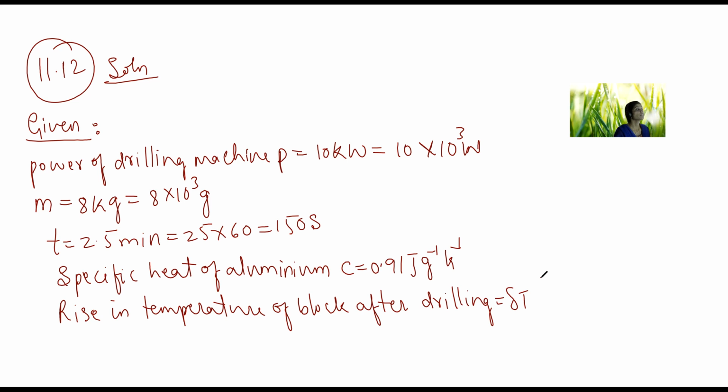Mass they have given 8 kg, which we wrote in grams. Time used by the machine is 2.5 minutes; 1 minute is 60 seconds, multiplied by 60 gives 150 seconds. Specific heat of aluminum they have given 0.91 joules per gram per Kelvin. Rising temperature of the block after drilling, let us consider delta T.